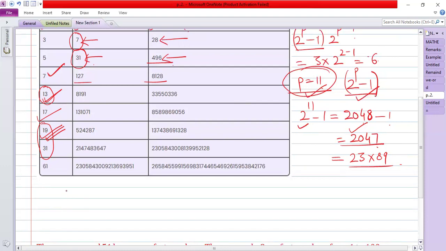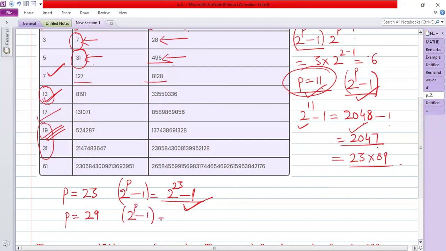The answer is that if p is 23, then 2 raised to power 23 minus 1 is not a prime number. It is a composite number. Similarly, for p equal to 29, 2 raised to power 29 minus 1 is also not a prime number.